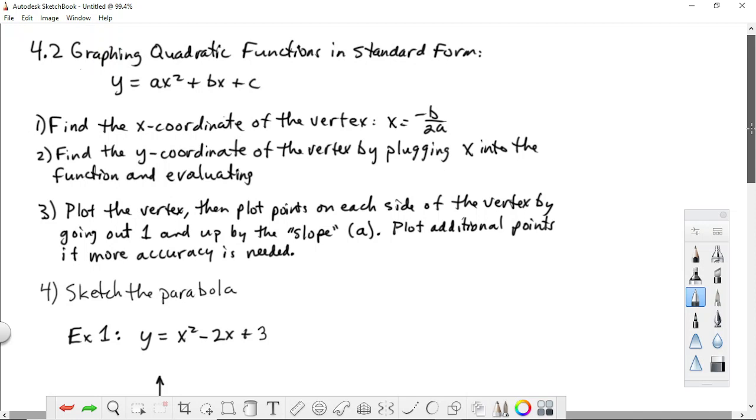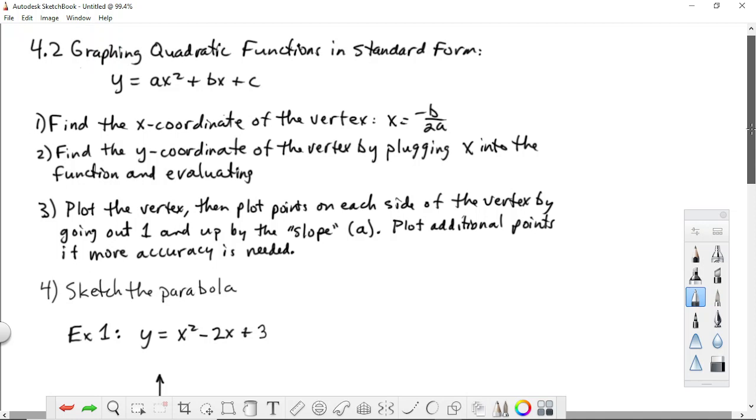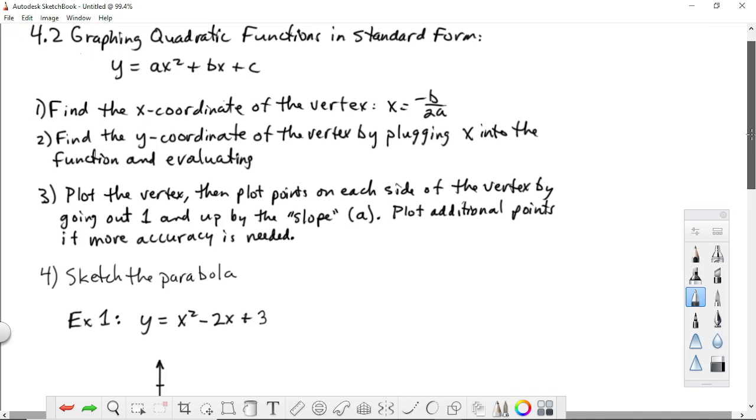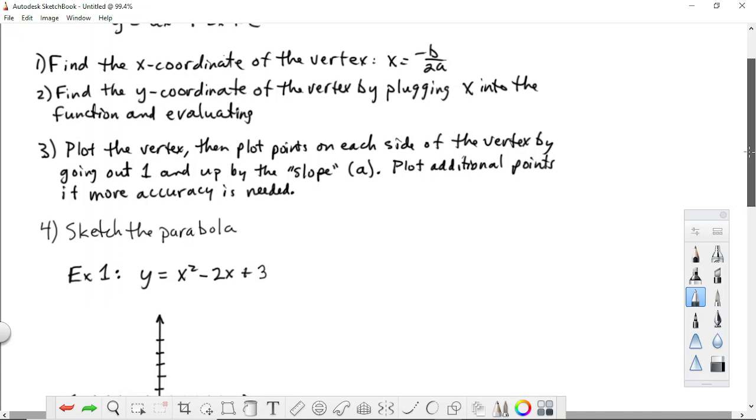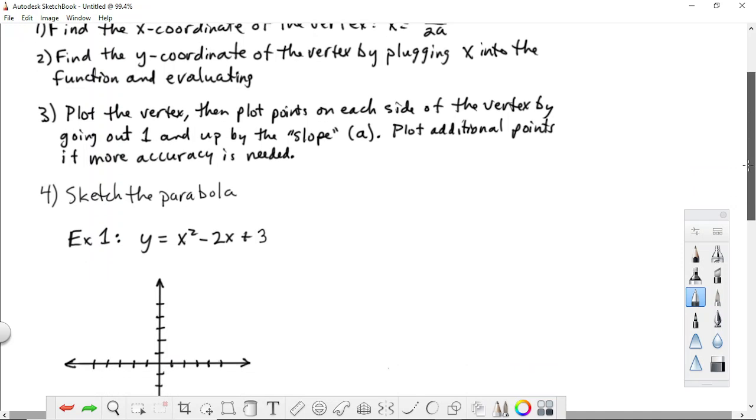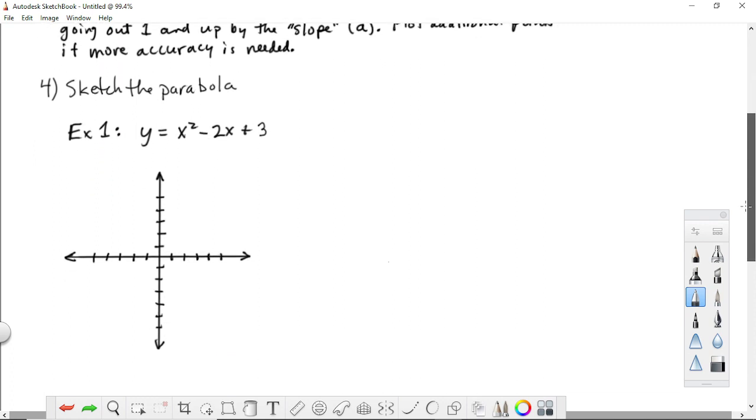Then you can plot additional points if more accuracy in the sketch is needed, but we're just going to be plotting those two points, one on each side. Once you've plotted the points you need, you sketch the parabola. This will be more clear when we look at a couple of examples.